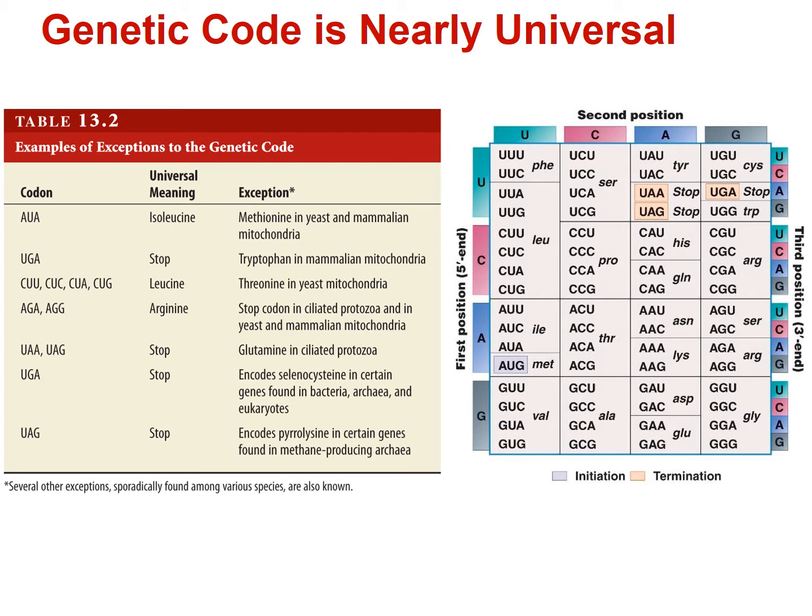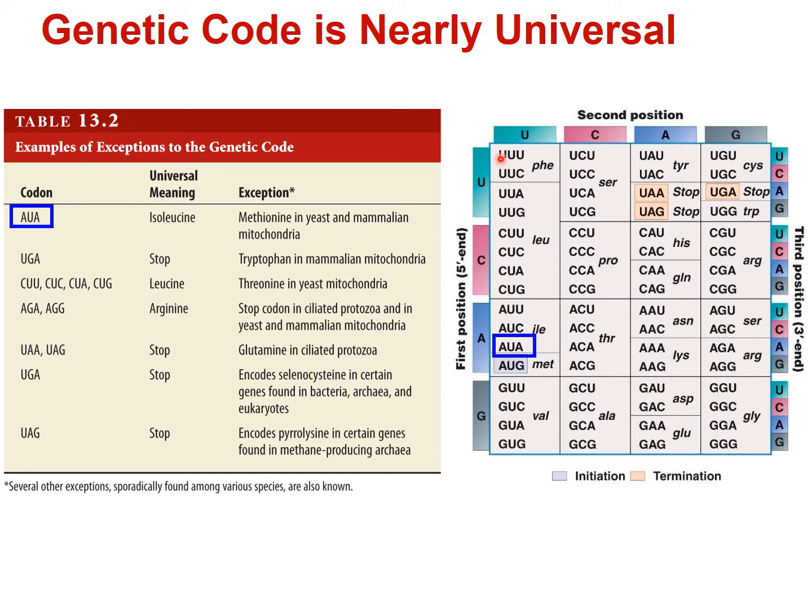Okay, so another thing that we mentioned before is that the genetic code is nearly universal. So here's our genetic code table, and there are some exceptions in some organisms to what these codes mean.